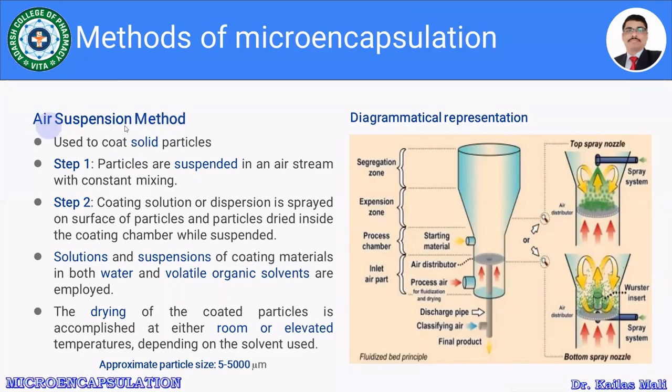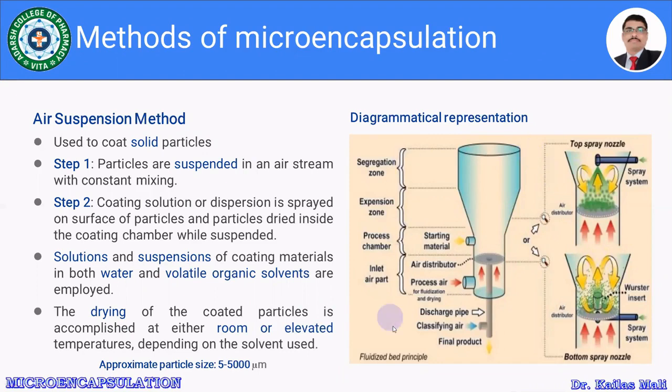Here the name air suspension suggests that the particles are suspended in a chamber, and the coating solution is applied onto the moving particles, and simultaneously the hot air which is introduced into the chamber promotes the drying of the coating solution onto the particle. So that is the main mechanism by which it is possible to get the microencapsulated product by Wurster coating technology or the air suspension method.